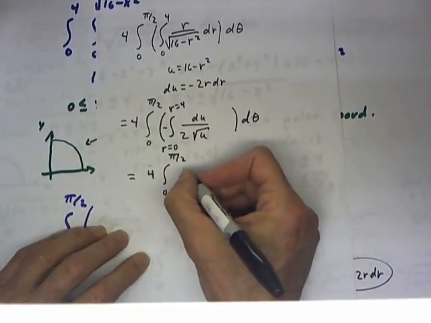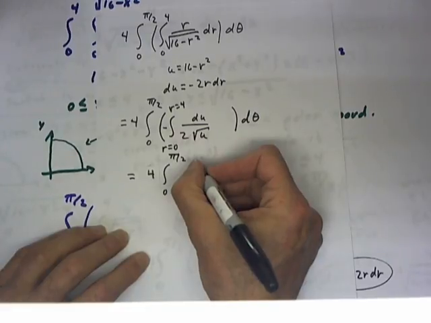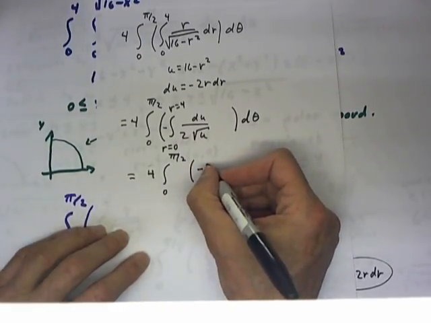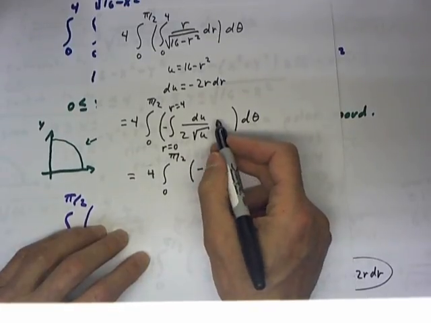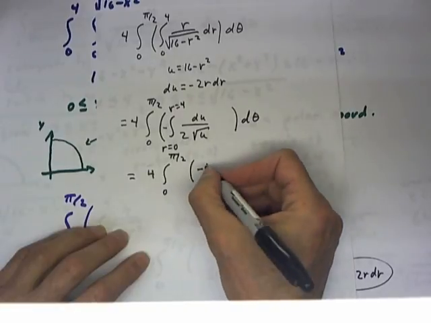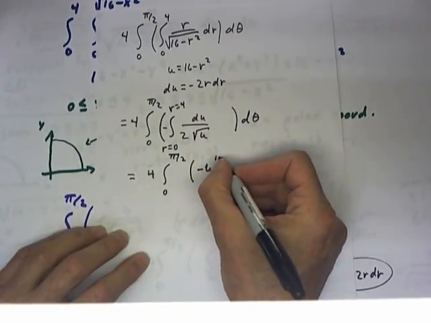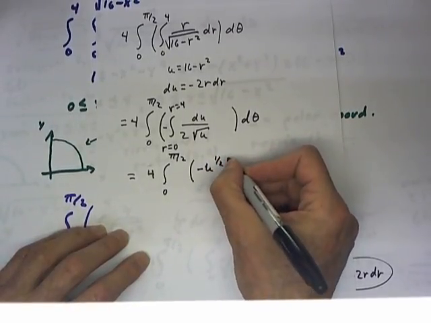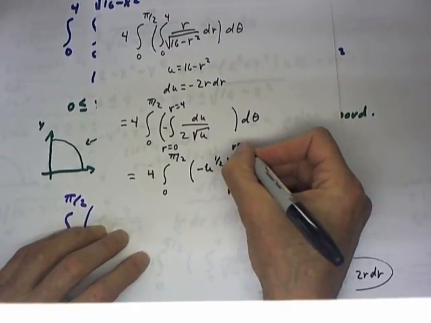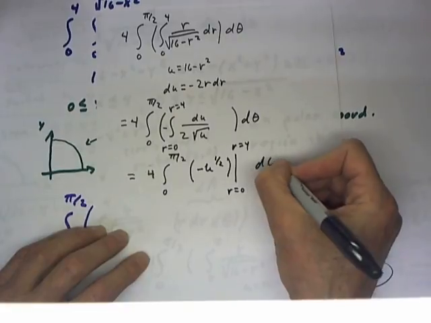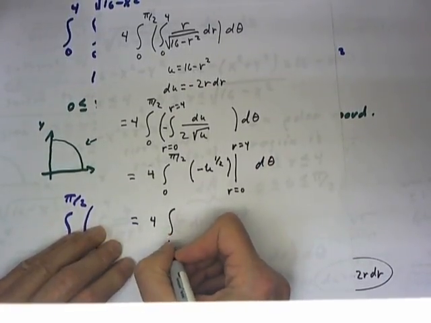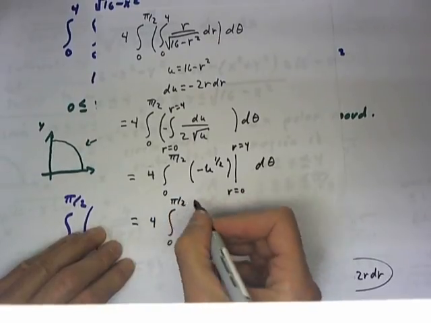The antiderivative being 2u to the 1/2. So we have 2u to the 1/2 times negative 1/2, which is just negative u to the 1/2, or negative square root of u, evaluated between r equals 0 and r equals 4, and that with respect to theta. So we have 4 times the integral from 0 to pi over 2 of what?